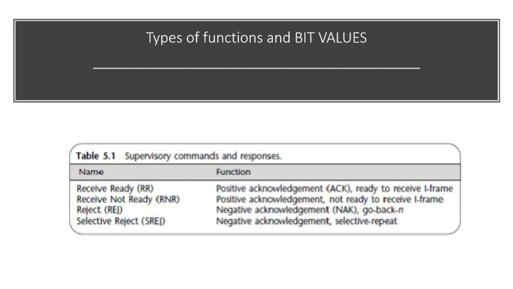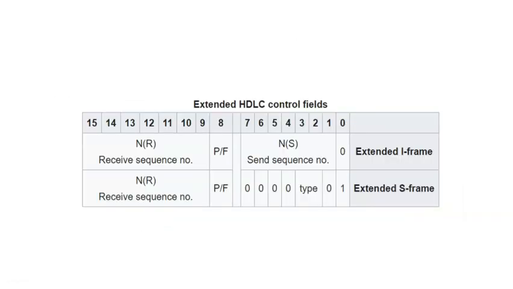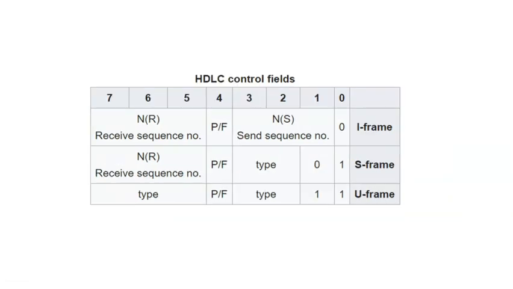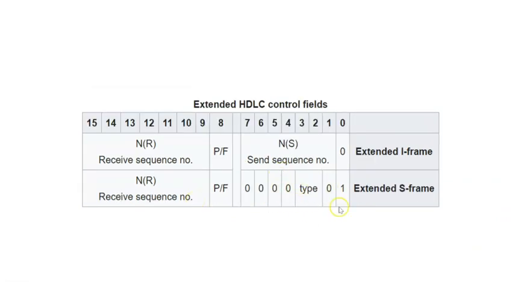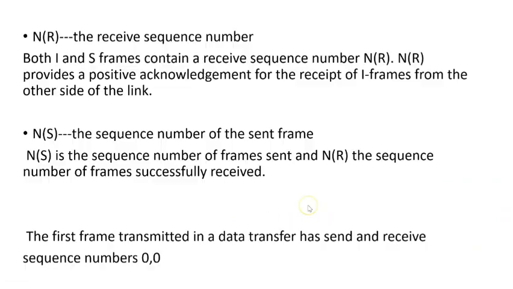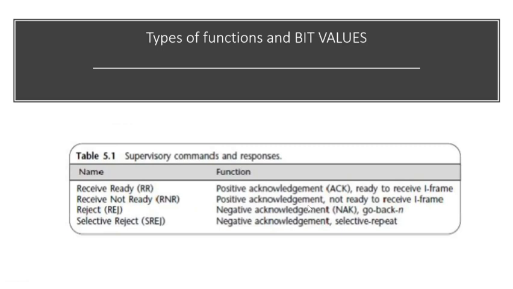Next, type of function and bit values. See here, you can see that there are fields called function or type fields. Here also there is a type field, right? What is type? Type of function. Type means it is the type of functions and the bit values.